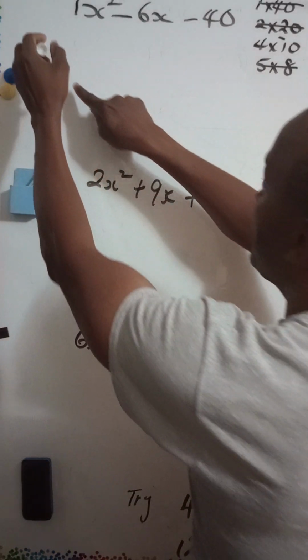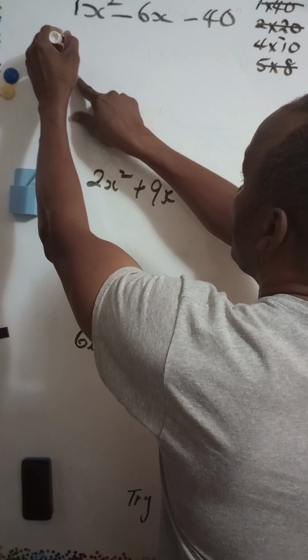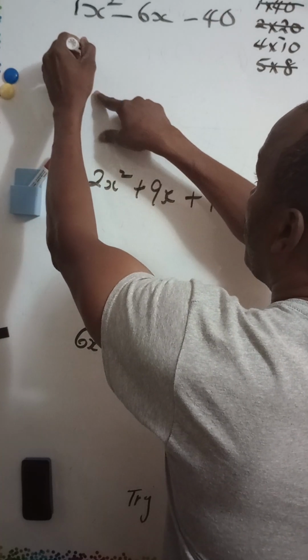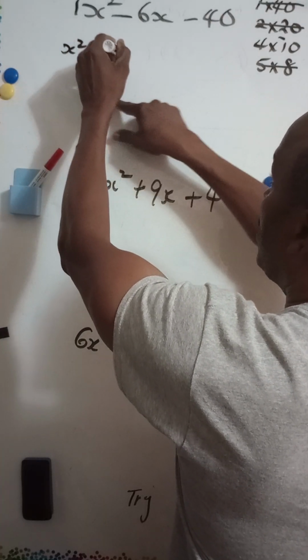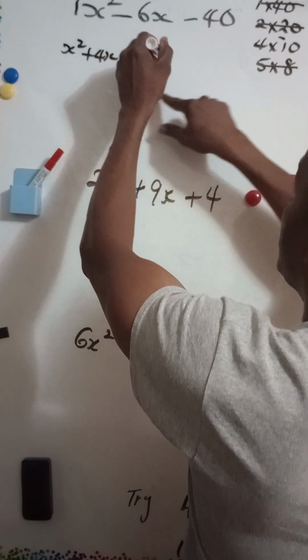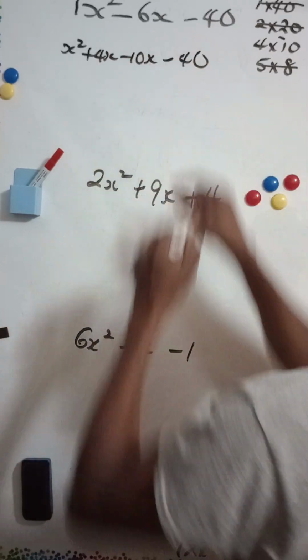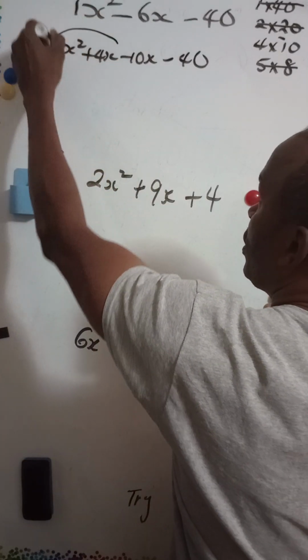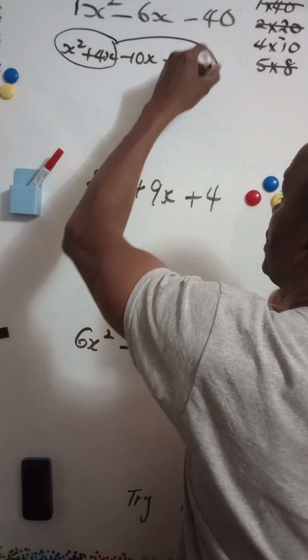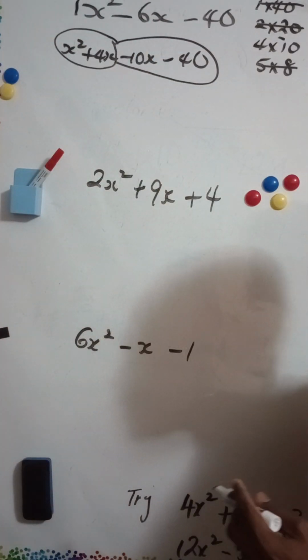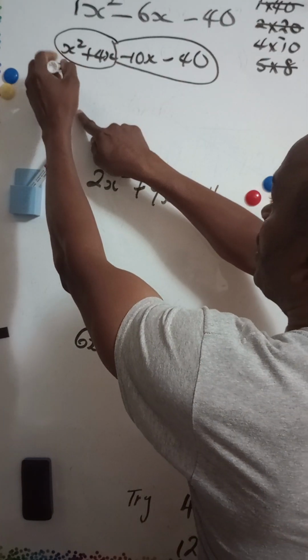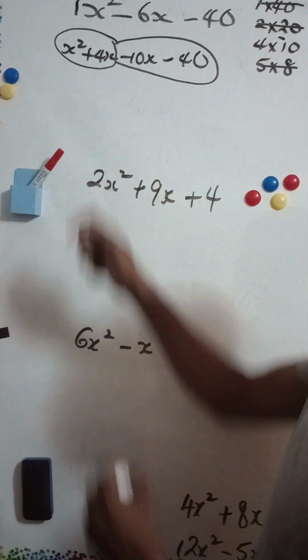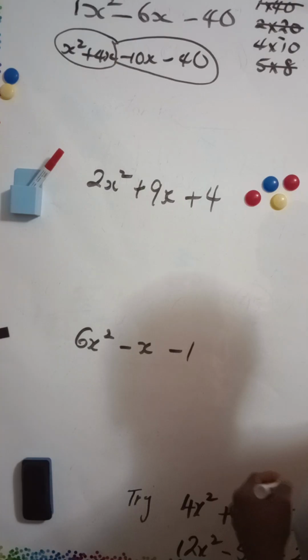And now we're going to have x squared plus 4x minus 10x minus 40. From there, you're going to go factorizing pairs, which we did yesterday with this exact exercise. What's coming in the first pair? Because we have the triple factorization.